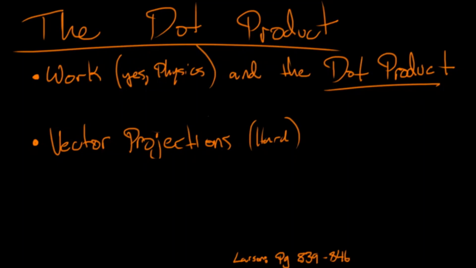I just didn't give it a name. And then we looked at vector projections, which I find to be pretty challenging. I think I've gotten a little bit better over the years at explaining why it is what it is. But if you have any questions, please just send me an email or meet me in class to talk about it. But with that said, I'm going to wrap this one up. And yeah, there you go.